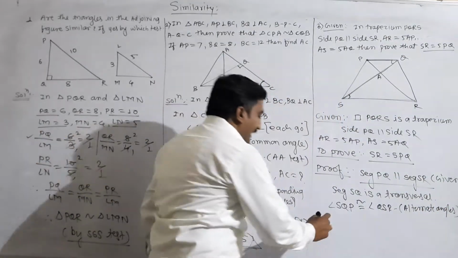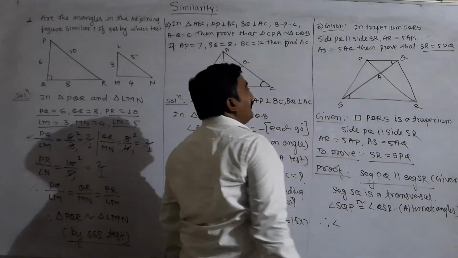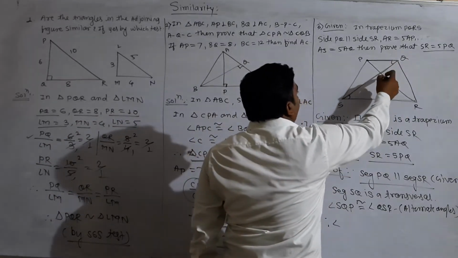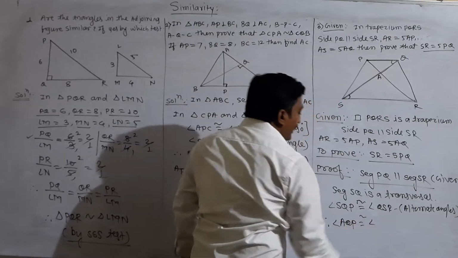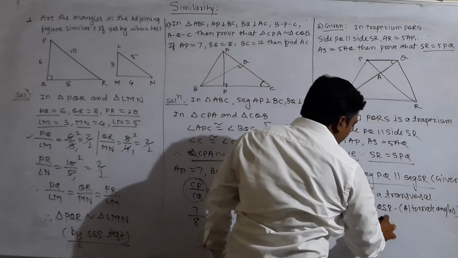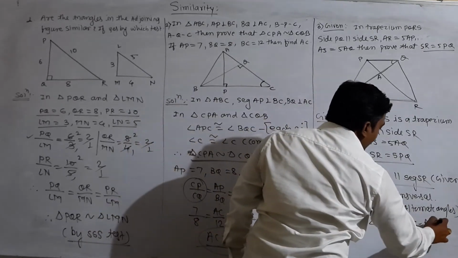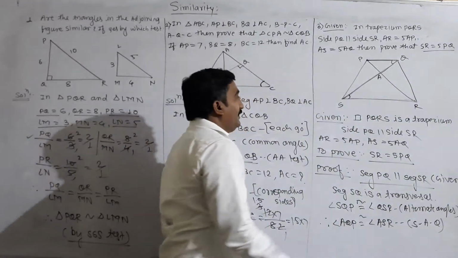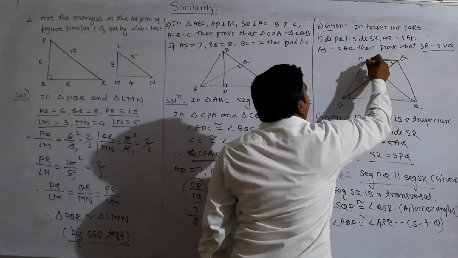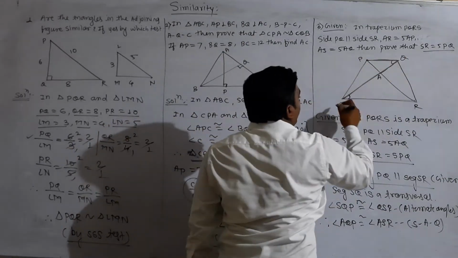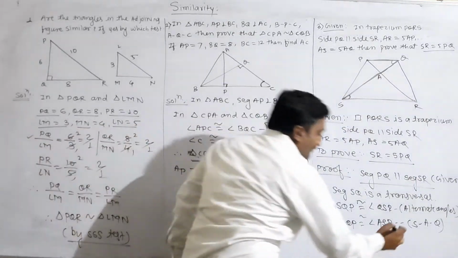In short, we can write angle AQP is congruent to angle ASR, because S, A, Q are collinear. Remember that SQP means AQP, and QSR means ASR. This is equation first.